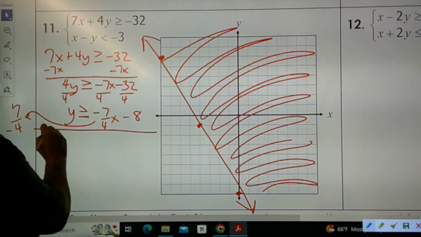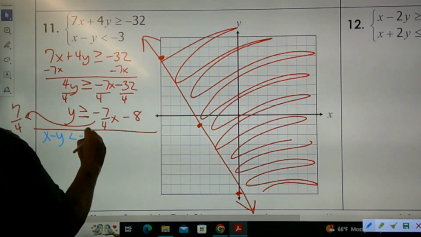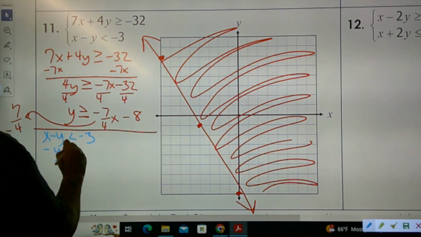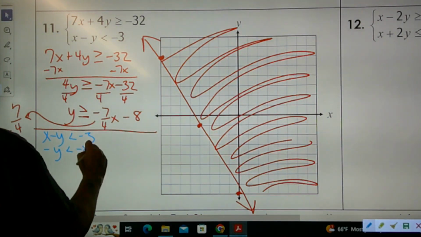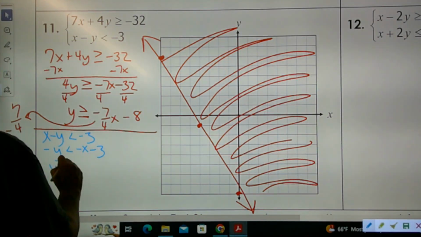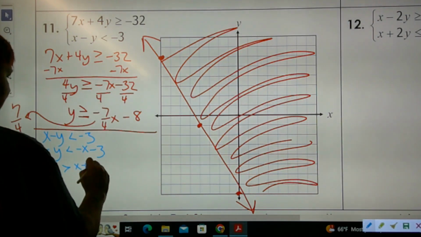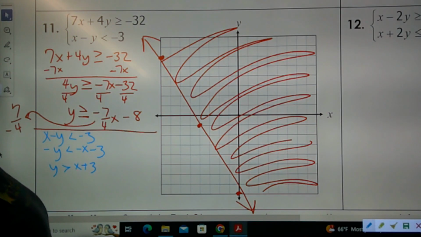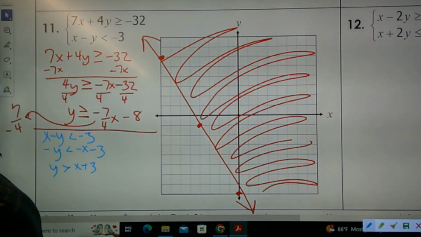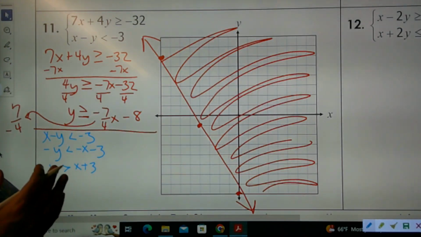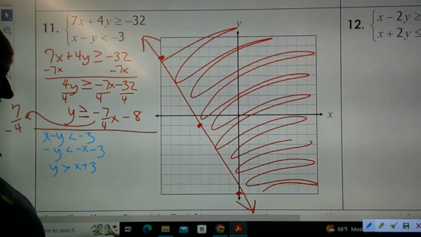Alright, the other equation, x minus y less than negative 3, negative y less than negative x minus 3, y greater than x plus 3. Don't worry, I'm going to redo that. But this is what I mean when I say after you've had some practice, you can do steps in your head, right?